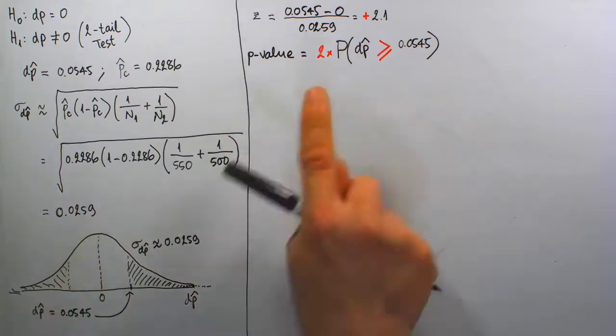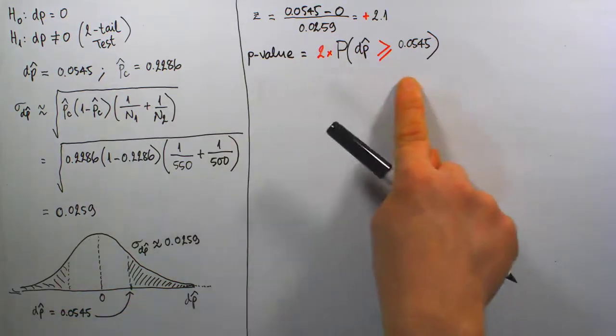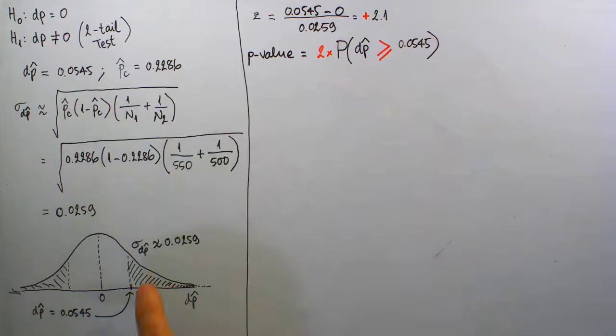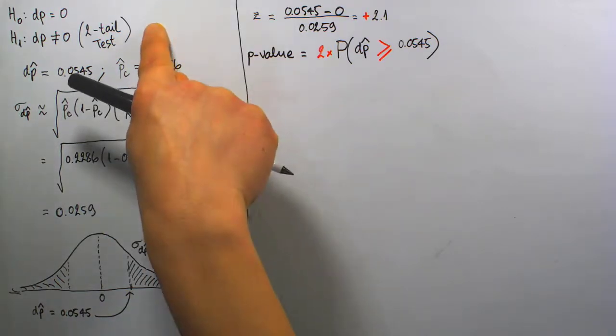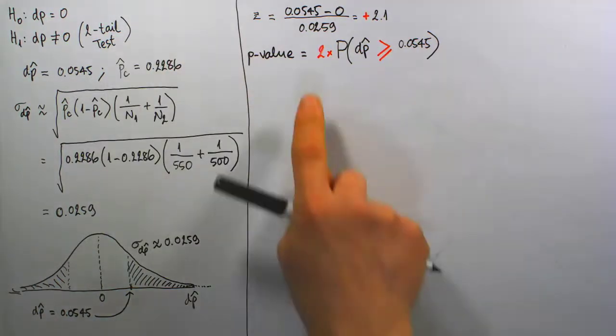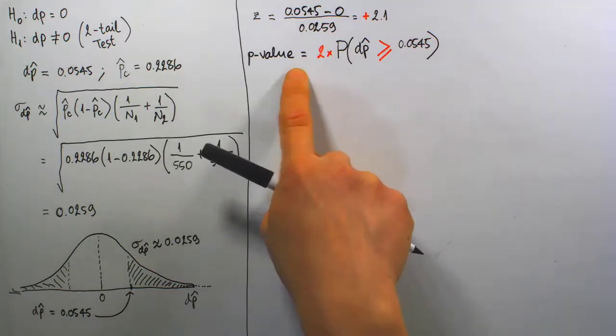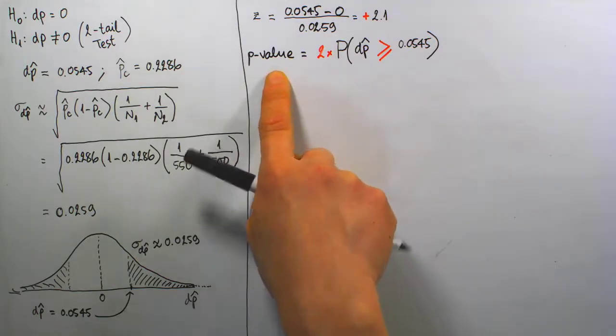So doubling this probability to calculate the p-value is the same as calculating the total shaded area on the two tails right there. And that's why the test here, once again, is called a two-tail test. And that's our complete setup of the p-value calculation.